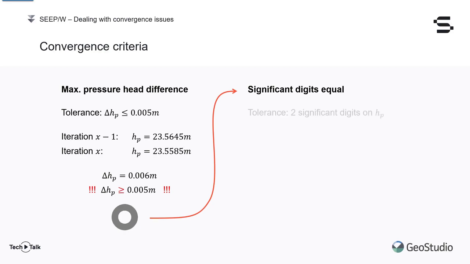This tolerance is set to 2 significant digits on the pressure head value by default. In other words, if 2 pressure head values are expressed with 2 significant digits, they should be exactly the same for the tolerance test to pass.